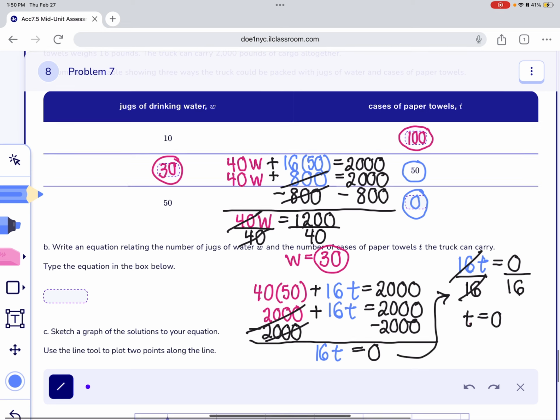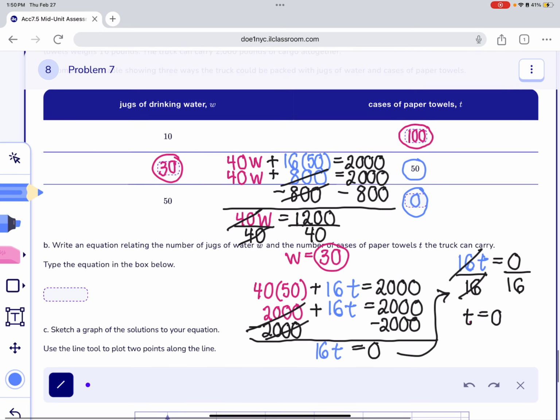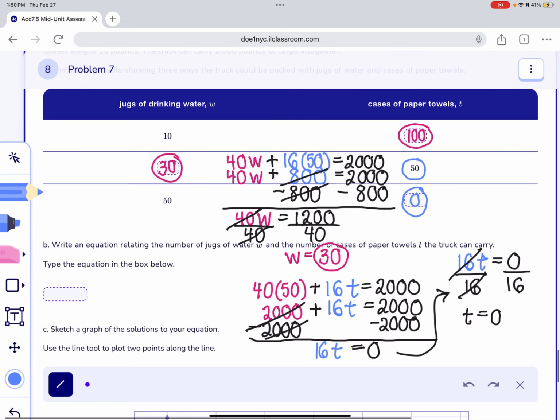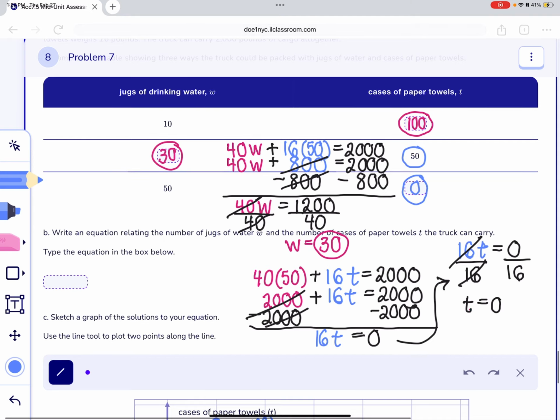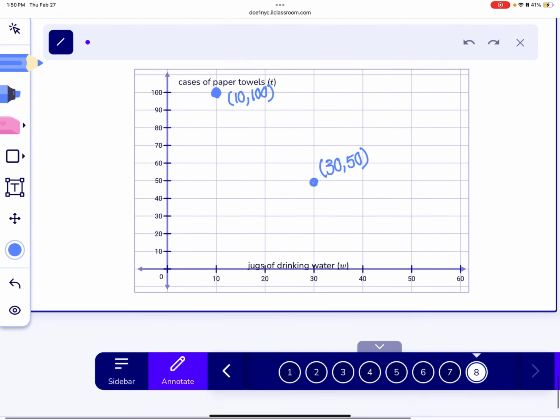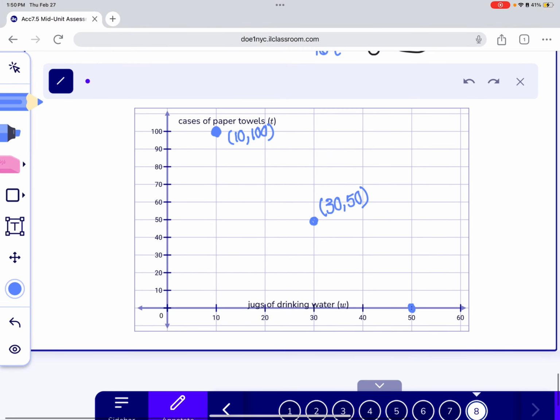And lastly, we have 50 jugs of drinking water and 0 cases of paper towels. So I'm going to locate 50, 0. And lastly, we are going to connect all of the points. I will try my best to create that straight line.